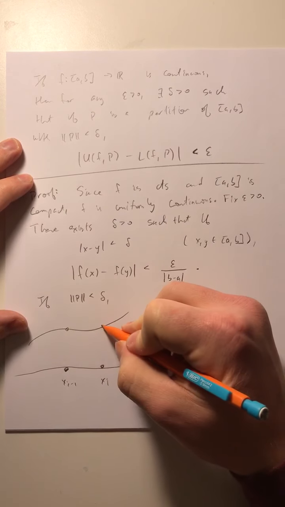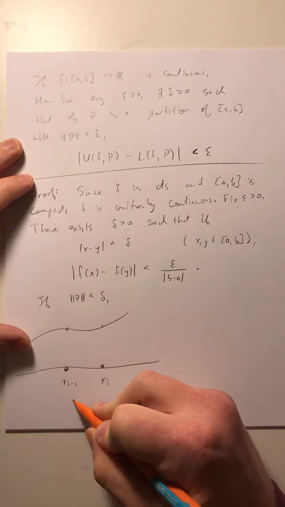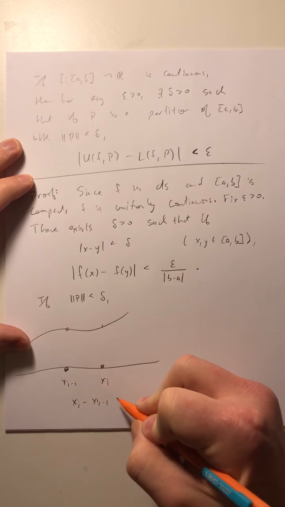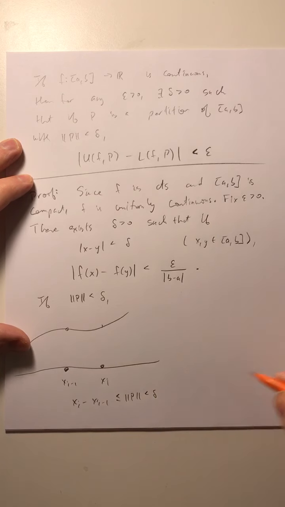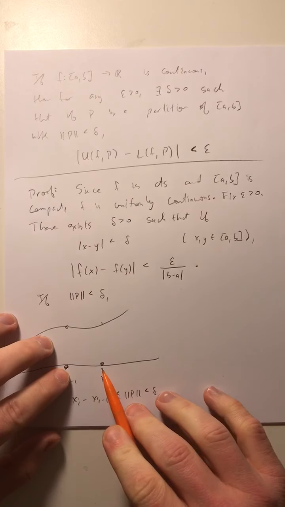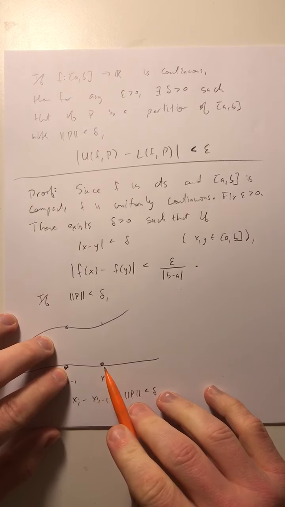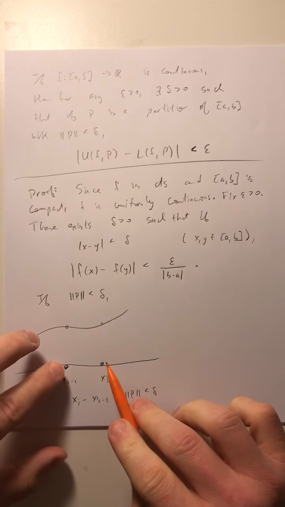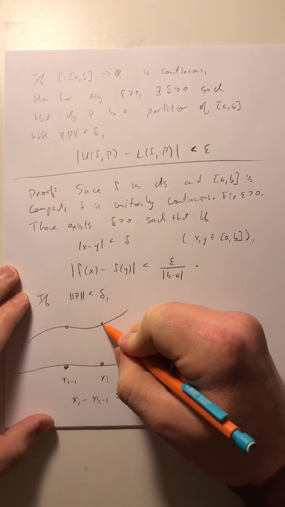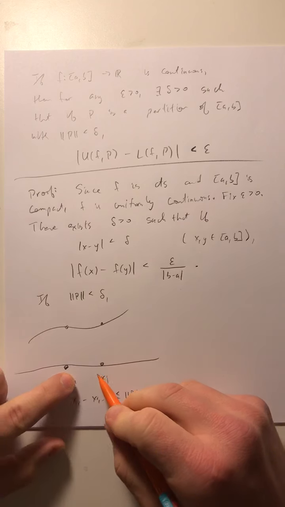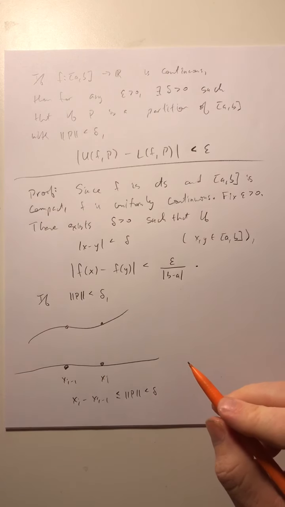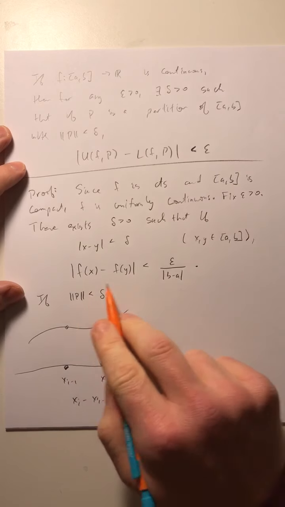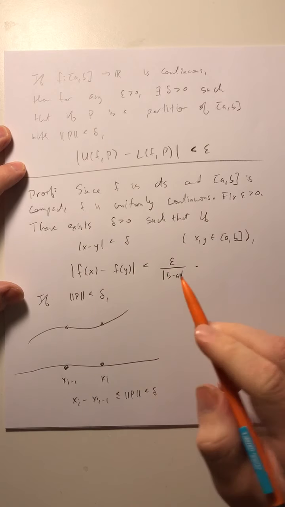Now the distance between x i minus 1 and x i is less than or equal to the mesh, which is less than delta, which means that for any x and y in this interval, the distance between x and y is less than delta. So if I take any 2 points out of the same interval in the partition, the distance between them is less than delta, okay, which means the distance between their outputs is less than this.